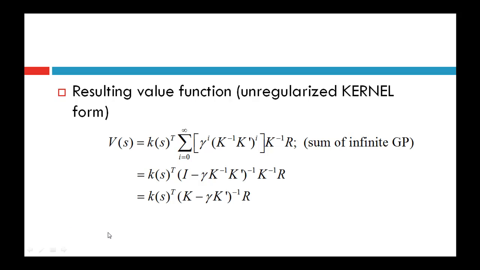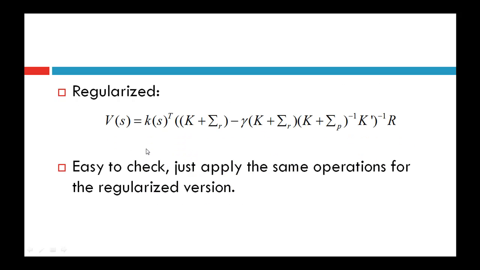So this is the solution when we are using no regularization term, that is the unregularized solution, and the regularized solution is easily derivable. Just follow the same steps and use the regularization term, that is sigma, and by doing so we can get the value function for the regularized case.